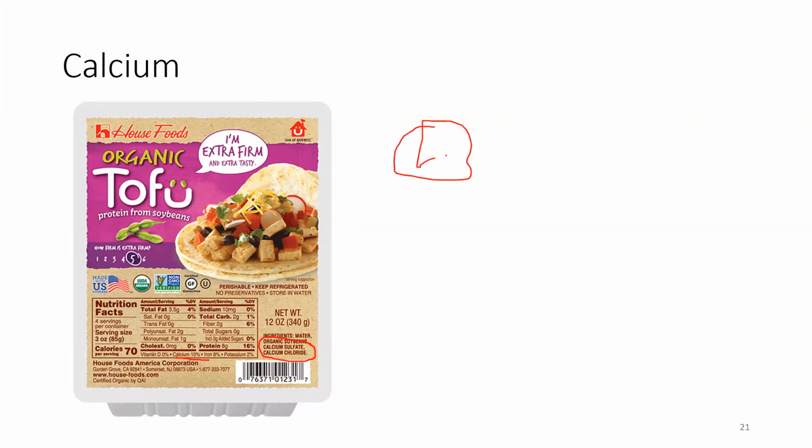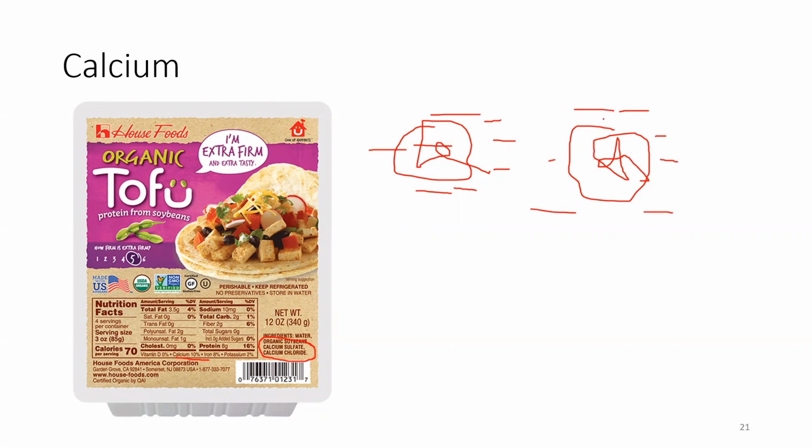So if we have a protein like this and another soy protein like this, these soy proteins are negatively charged. They have lots of negative charges on them, both of them. So overall, there's some positive charge, but a net negative charge on these soy proteins.